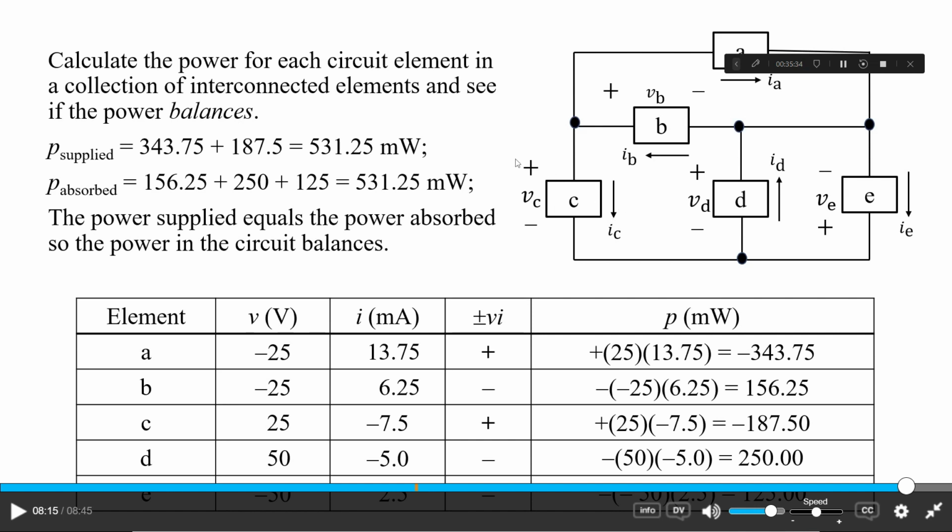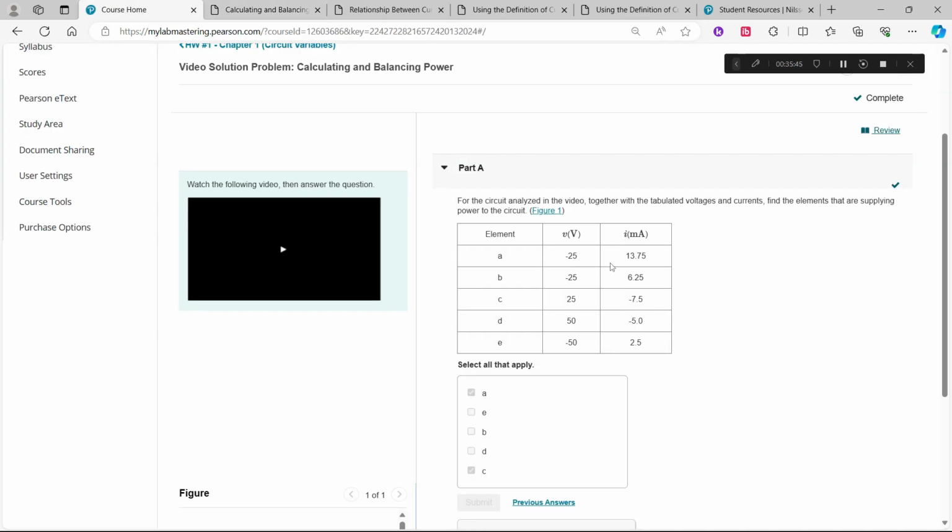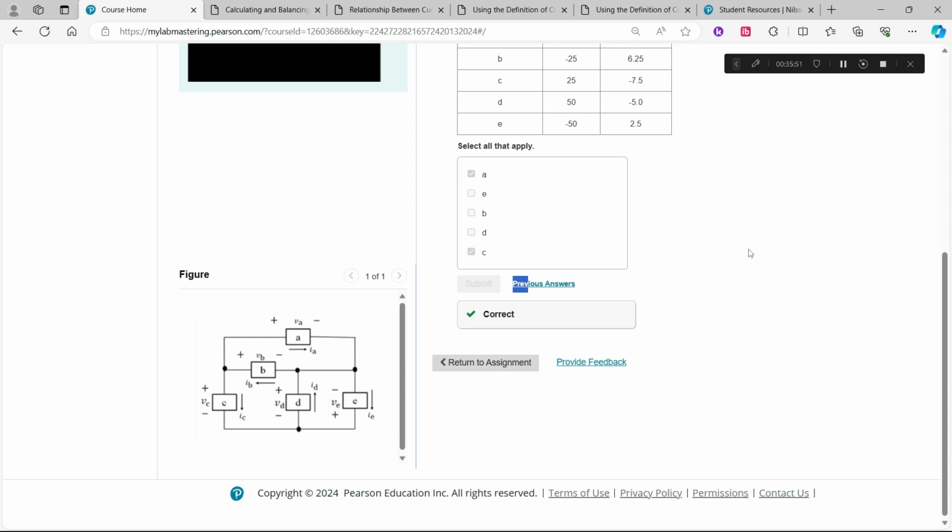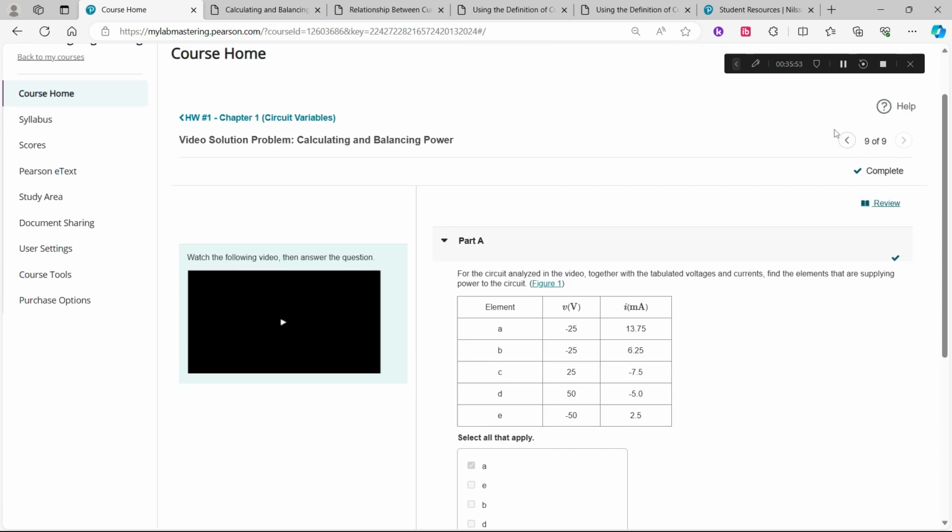This current here is going down, which is going with the plus and the minus, but there's a negative here from I, which makes it negative, right? So that's how you do that problem. If after you solve it, it's a negative result, it's the one supplying, which is A and C. Yeah, that's that. That's all the questions.